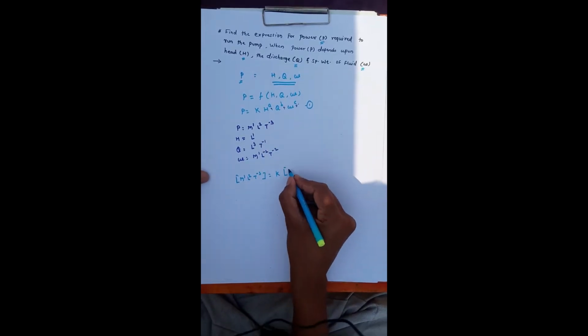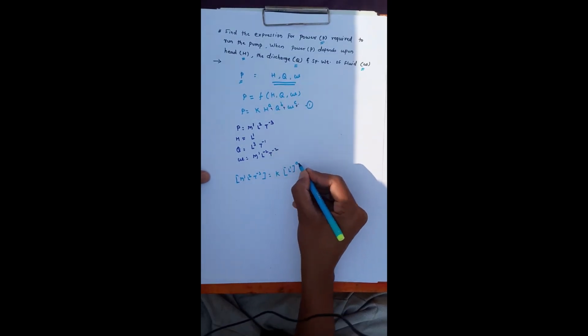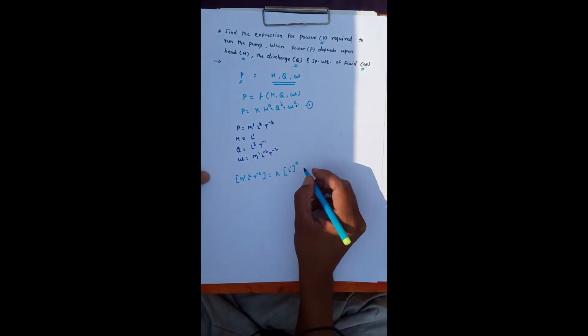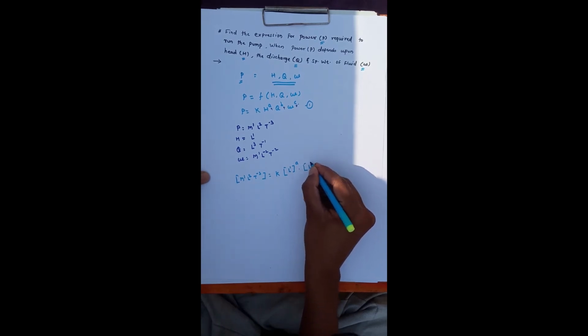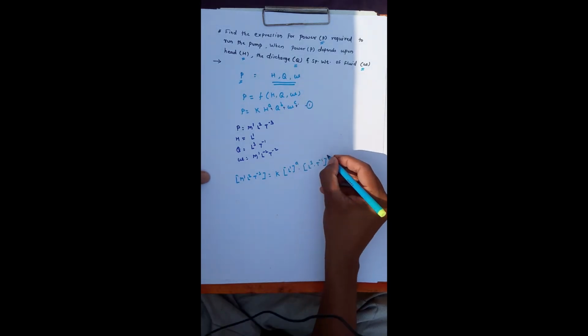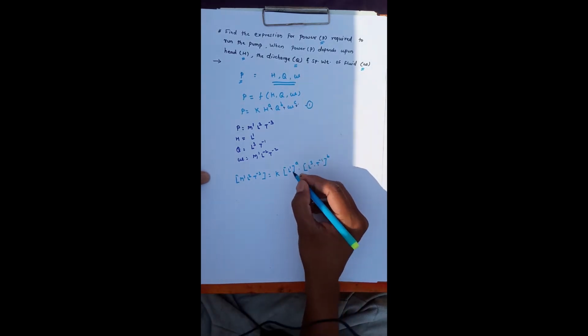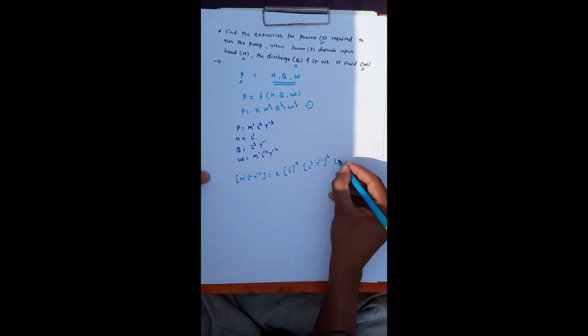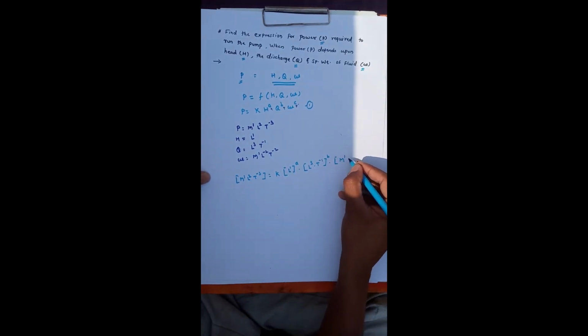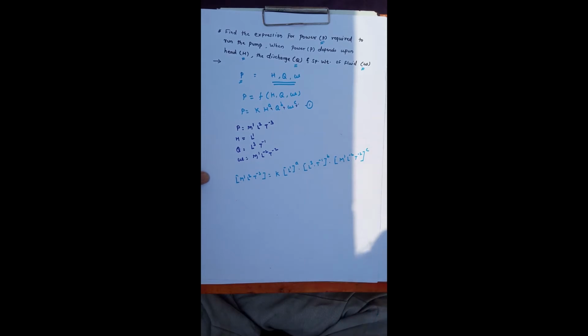H, head, has the fundamental dimension L raised to 1, with power A. Q has the fundamental dimension L raised to 3, T raised to minus 1, with the arbitrary power B. And small w, specific weight, has the fundamental dimension M raised to 1, L raised to minus 2, T raised to minus 2, with power C.